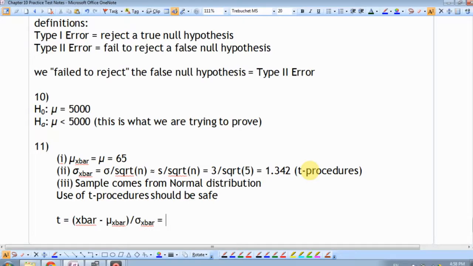Which is equal to, what was my x bar? 68.25 minus mu x bar, which is 65, divided by sigma x bar, which is 1.342. That's 2.42. That takes care of the first part of the question.